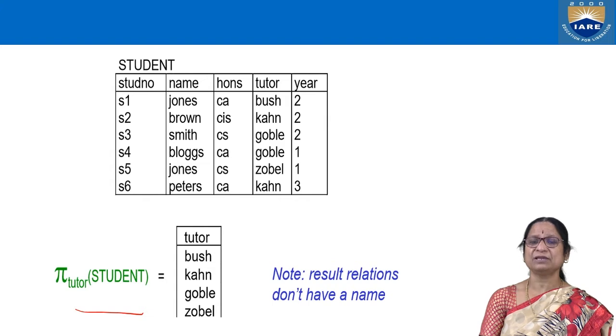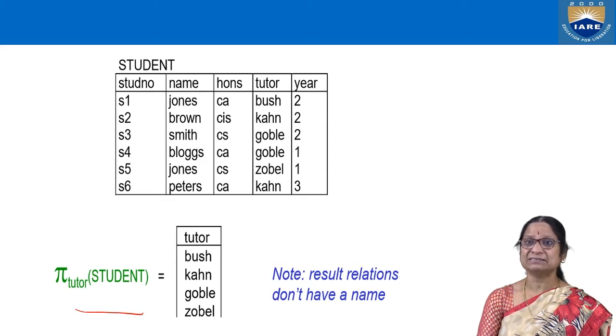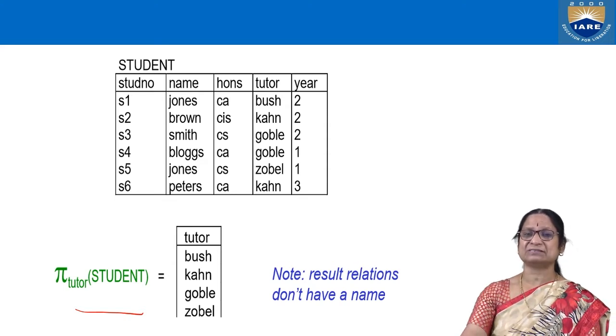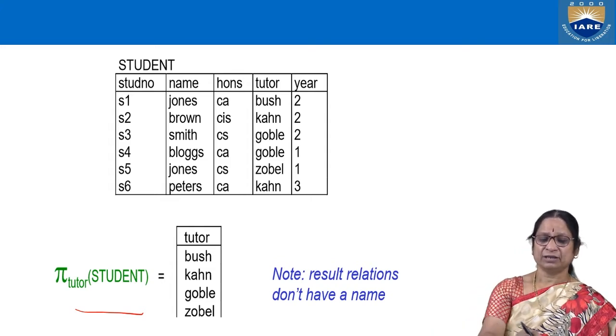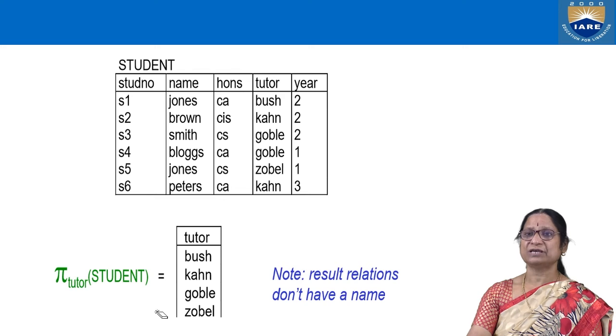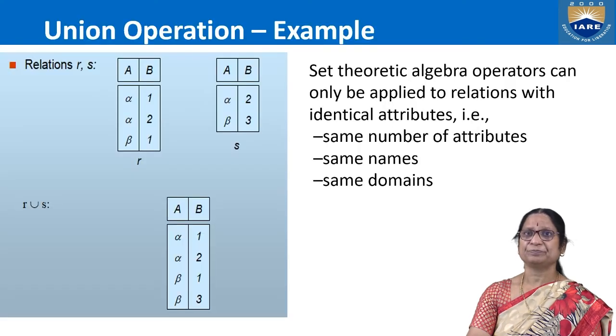So those repetitions are going to be eliminated. So the result relations do not contain any of the duplicate tuples. I am talking about the duplicate tuples. It's not values, duplicate rows. Okay, so that may not be included. Any duplicate rows that are there are going to be eliminated.